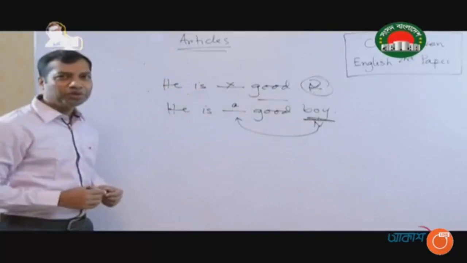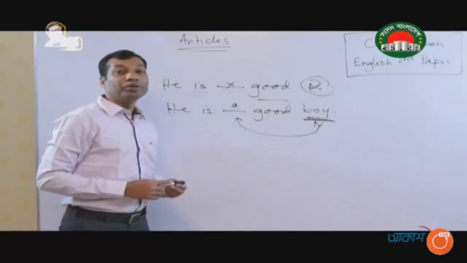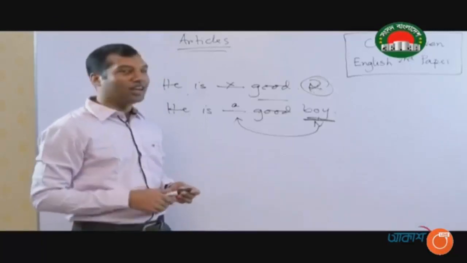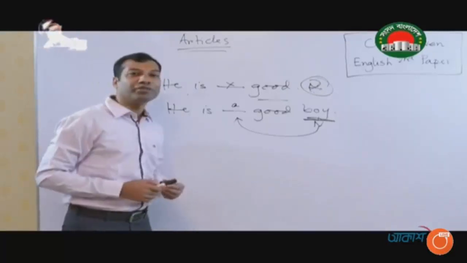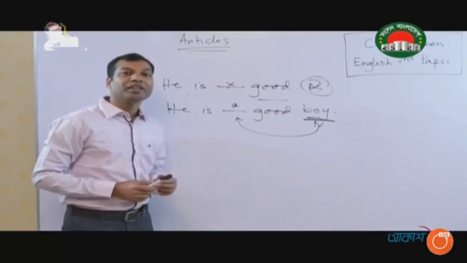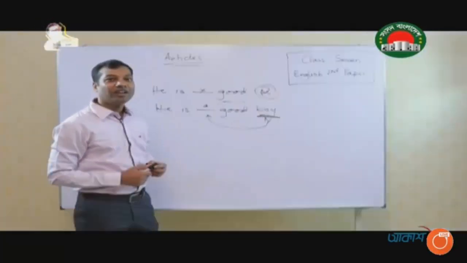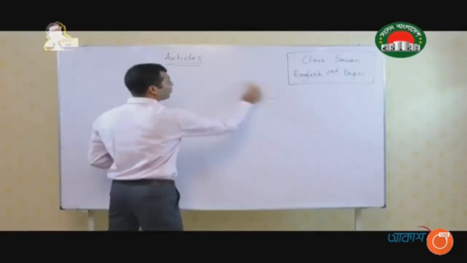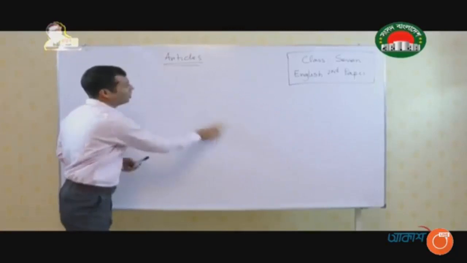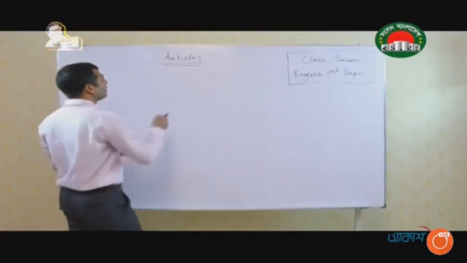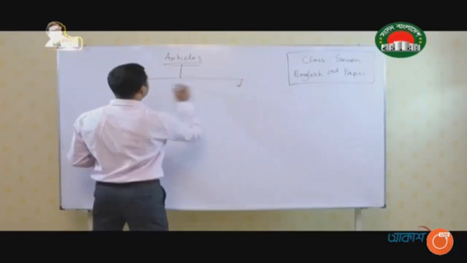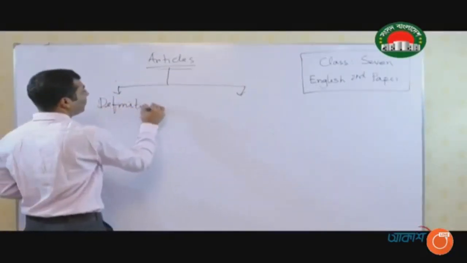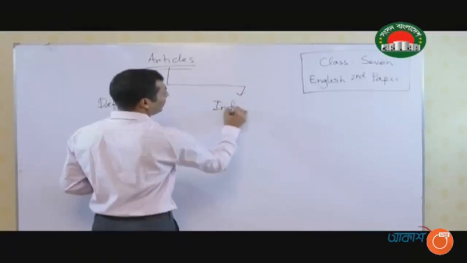So an article is directly connected with a noun. Now we have to know the use of definite article and indefinite article. In this class, I will talk about the use of indefinite articles. That means the use of a and an. So boys, let's go. At first we have to learn or recognize that there are two kinds of articles, definite and indefinite.